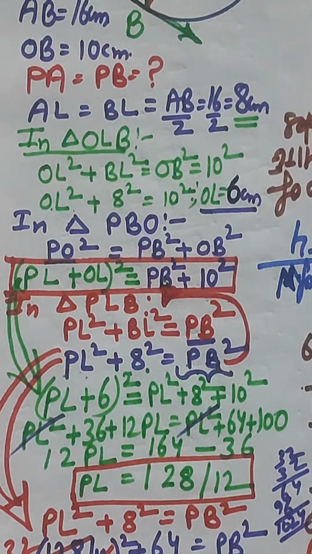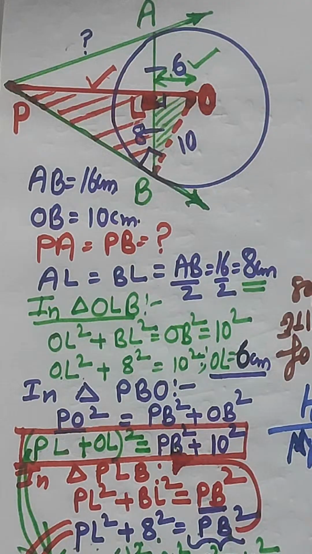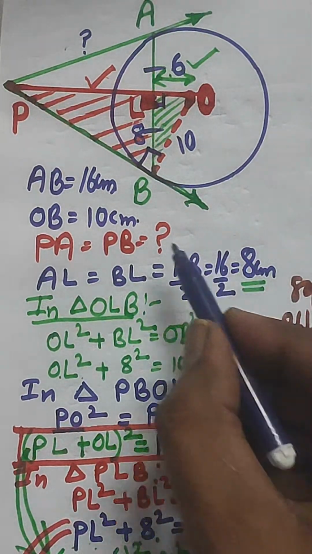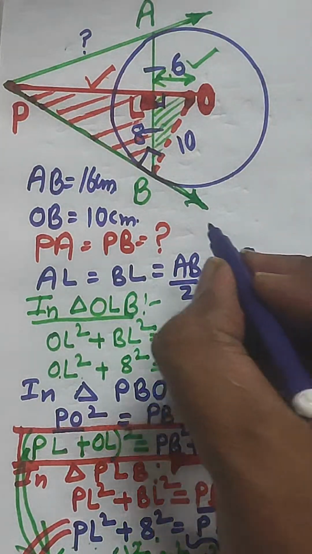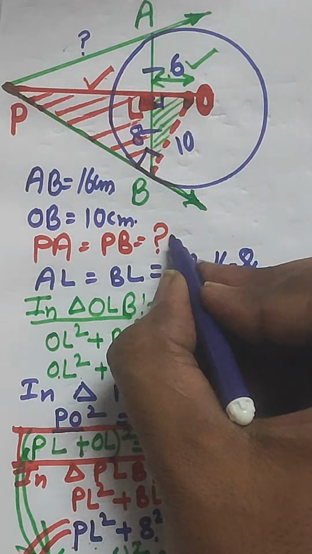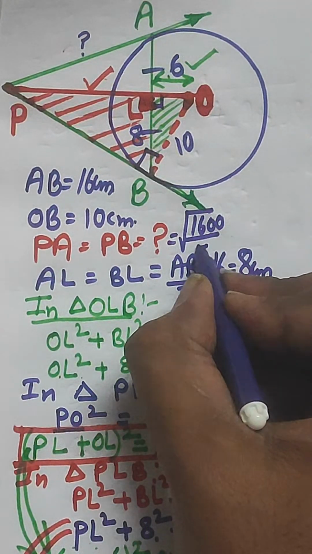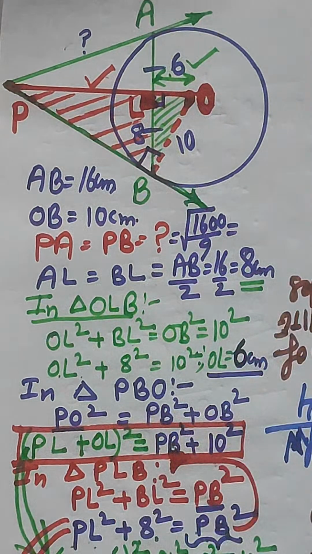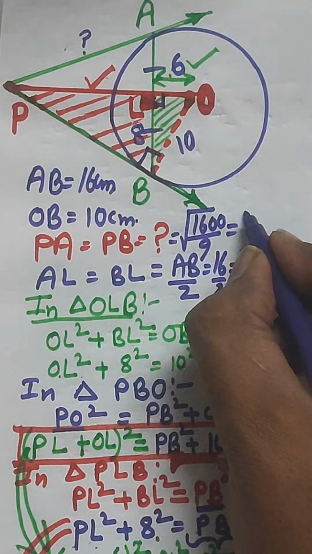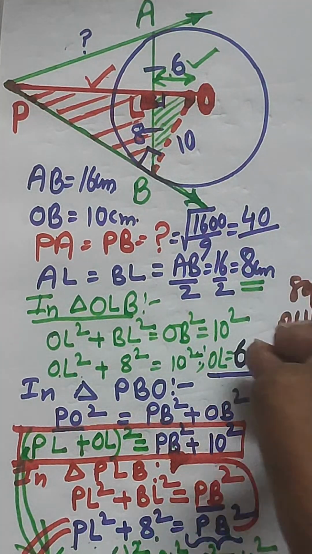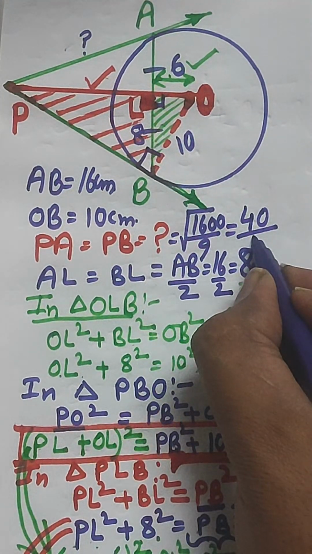So in this way, we have calculated the length of PB which was desired, that is equal to root over 1600 by 9. The square root of 1600 is 40, since 40 into 40 is 1600, and the square root of 9 is 3.